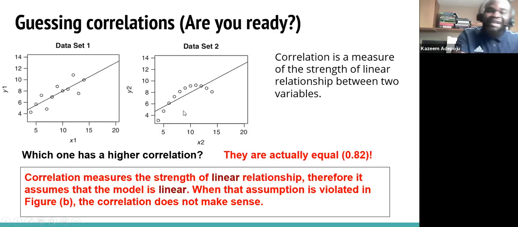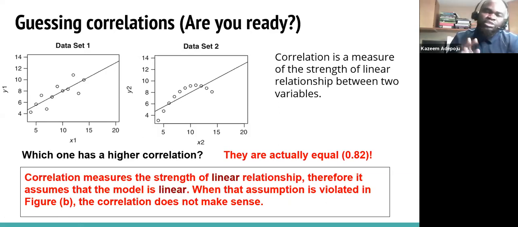But because the structure of this data set is not linear in terms of relationship, the value that comes out does not make sense. But that very value makes sense right here because this is a linear relationship. The assumption of correlation is that we are talking about a linear relationship.